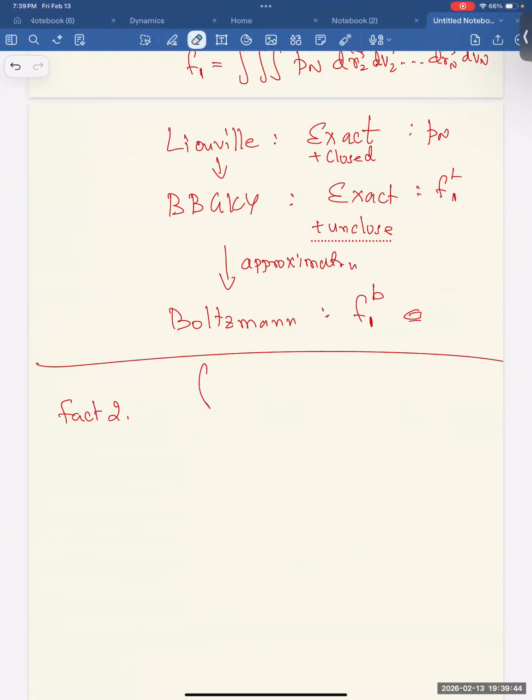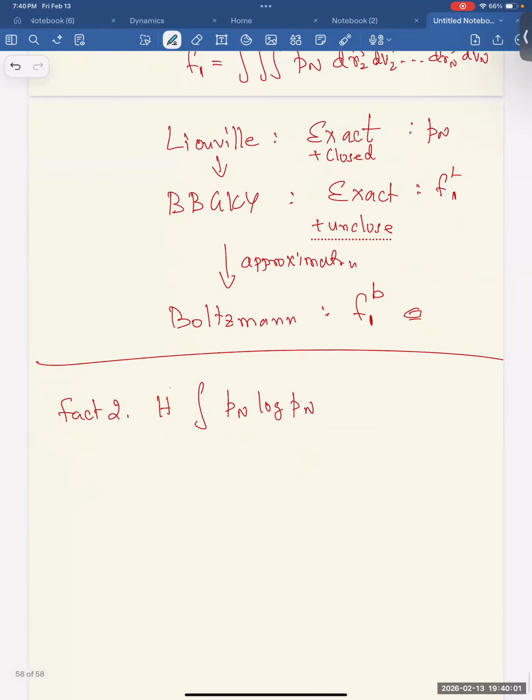If you have the n particle PDF, basically the solution to the Liouville equation, the integral of Pn log Pn, let's define this as H Ln. Okay, it's a minus.